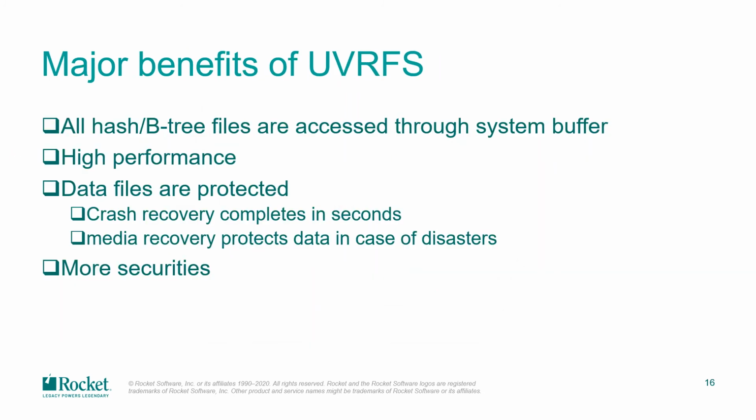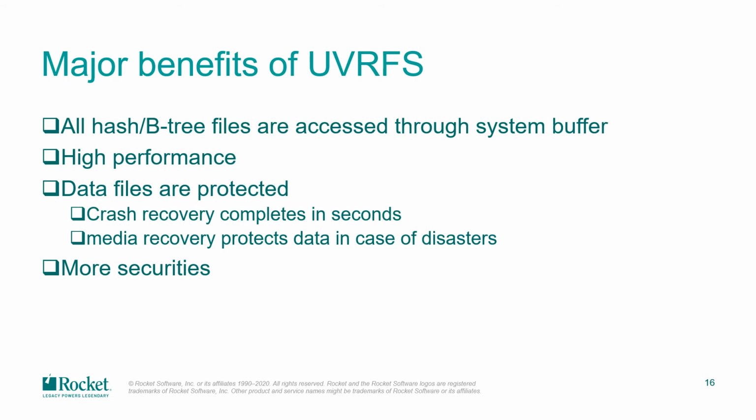Let's talk about the benefits of the UniVerse recoverable file system. From what we have done, first, all these hash files and B-tree files are going through the system buffer. In UniData, we have to choose some of the files to be recoverable and others are not recoverable.